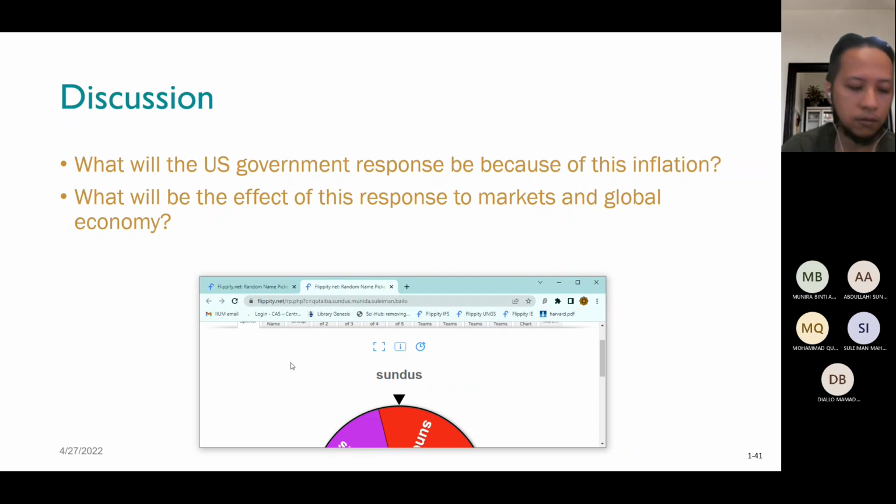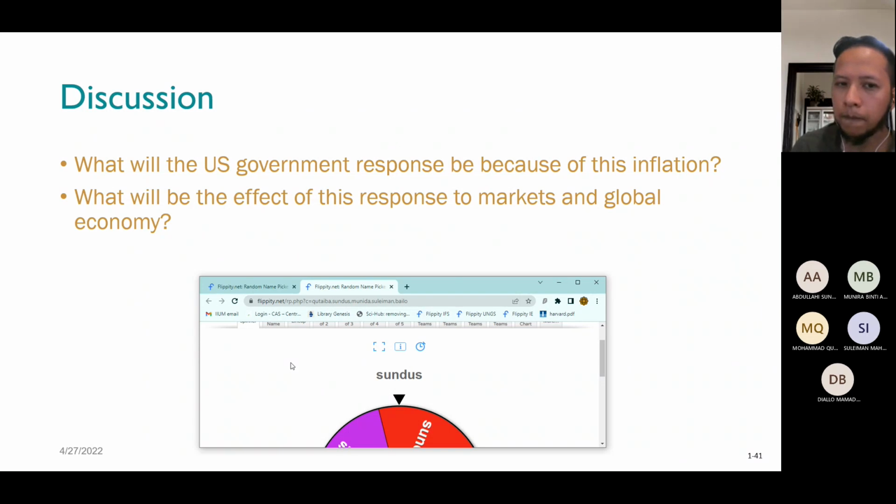Sundus, what do you think? Are you there, Sundus? Because inflation is high, what will the US government do? They lower the employment.